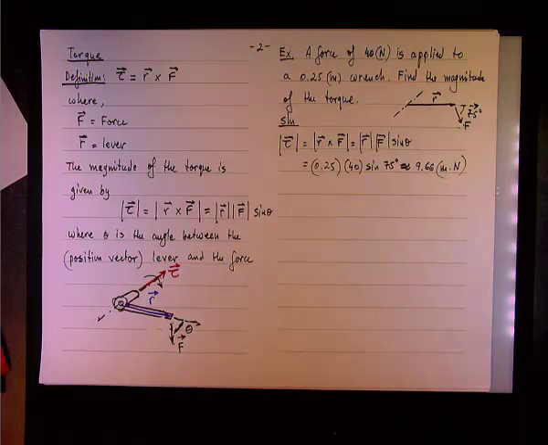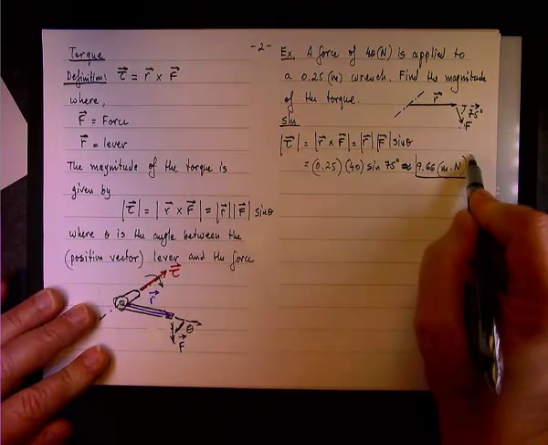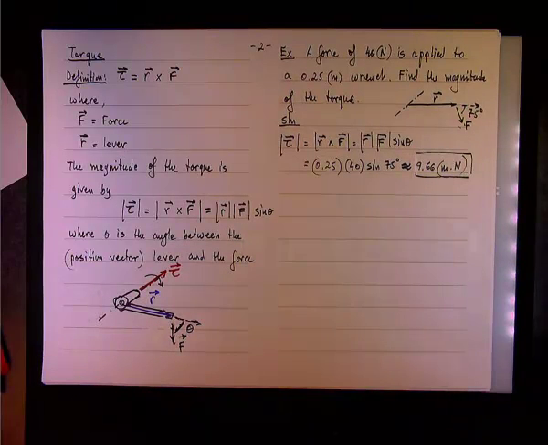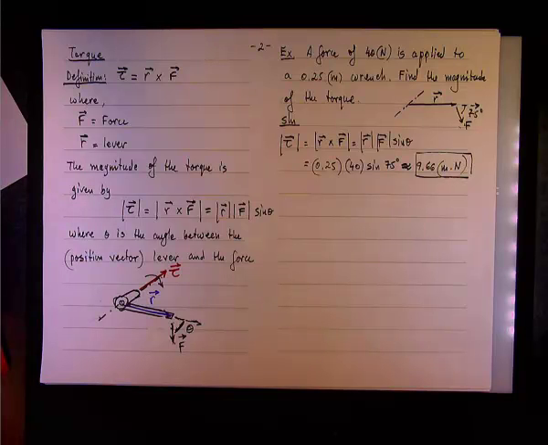This is the direction of R, and this is the direction of F. Theta is in between, so this is theta, 75 degrees. That's how we remember: we do R cross F, so we start measuring the angle from the direction of R, and then we go to F, and that's theta. So this was this example.